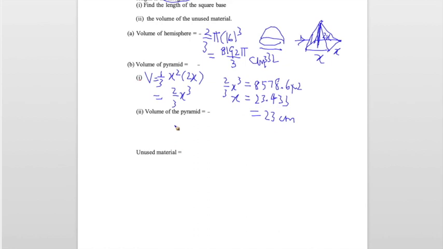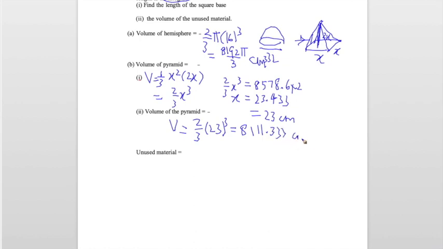So now the volume of the pyramid using this value will be 2/3 x cubed. So it's 2/3 times 23 cubed. And this gives us a horrible value of 811.33.